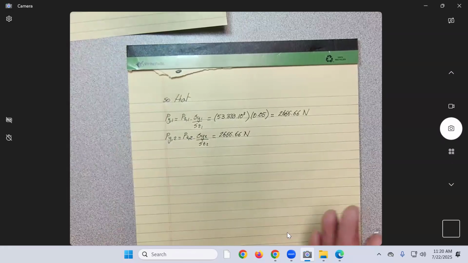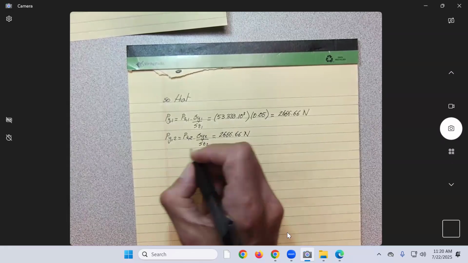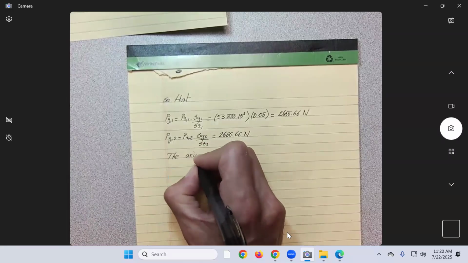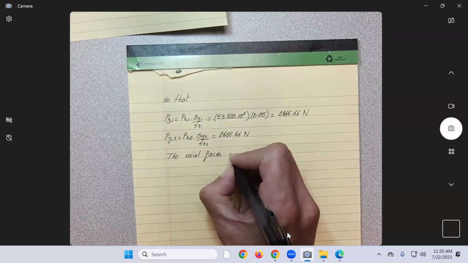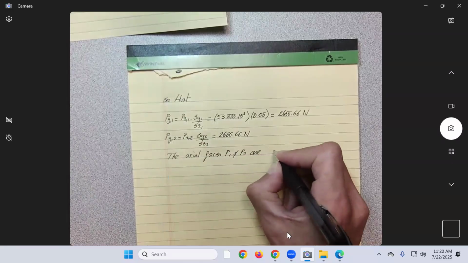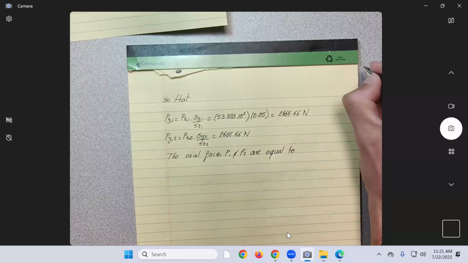Okay, then we're going to do something for the signs of all this stuff, but for now I leave it with no signs, I think it's easier. All right, so the axial or in-plane loads P1 and P2 are equal to what?